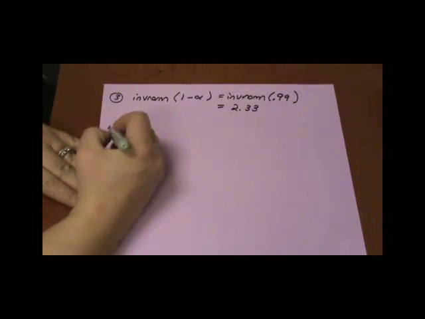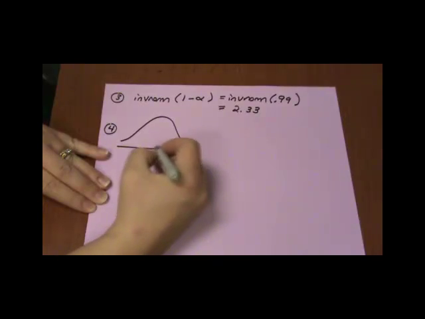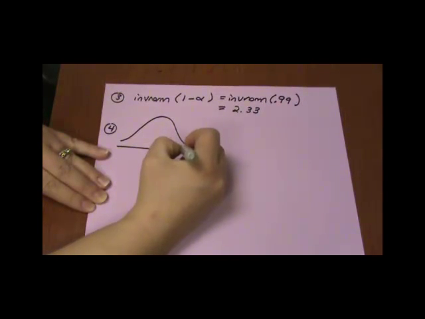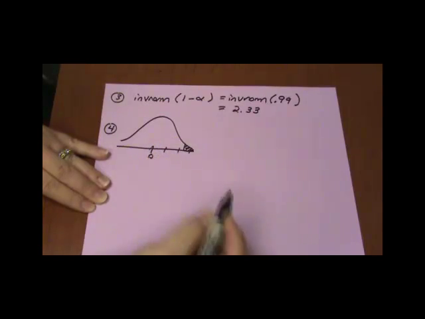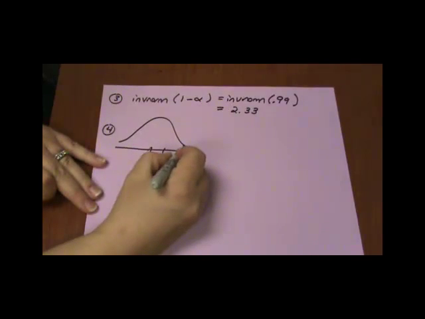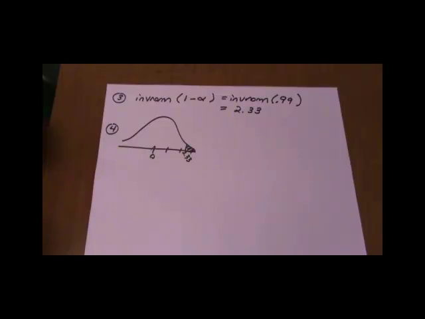Alright, then I'm going to draw my rejection region. Okay, remember 0, 1, 2, 3. So 2.33, again, so right here. Okay. So this region starts with 2.33. And then I want to see if my test statistic falls in this region. Well, my test statistic was 3.87.